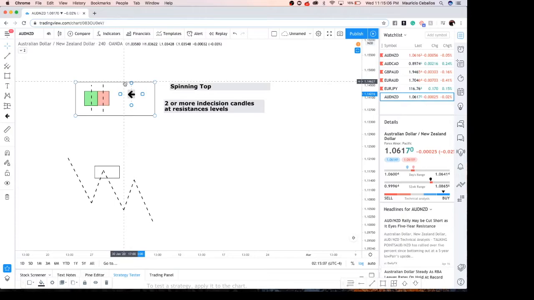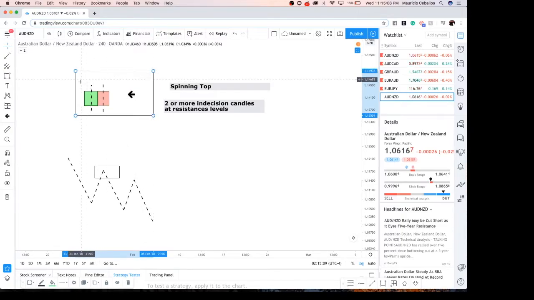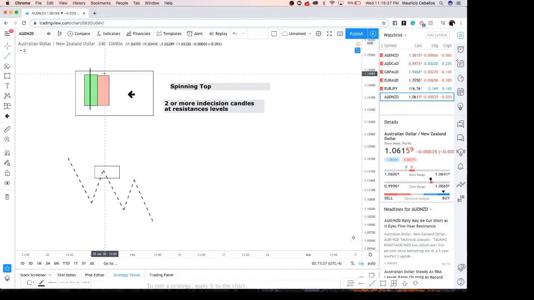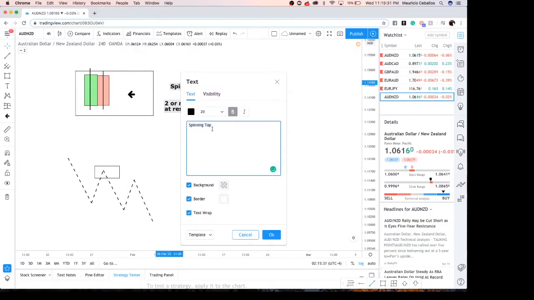Okay, this next one is one that I like to identify a lot. It helps me when it comes to institutional candles, which is our tweezer tops. Tweezer tops look very similar to spinning bottoms or spinning tops. The only difference is that these ones have volume in them, right? These candles have volume within them, but both candles are usually about the same size. So we have tweezer tops and tweezer bottoms.